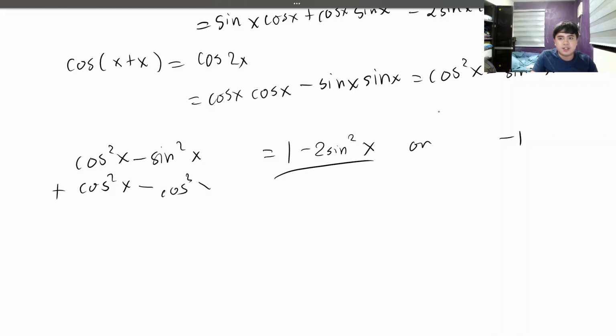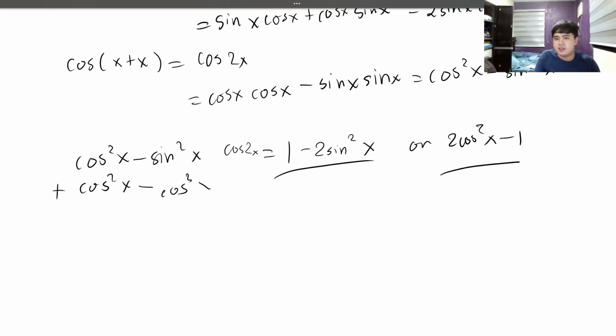And cosine squared X plus cosine squared X is 2 cosine squared X. So that's another part of the double angle identity for cosine. So we're doing a lot of things here, right? What else? So this is cosine 2X.